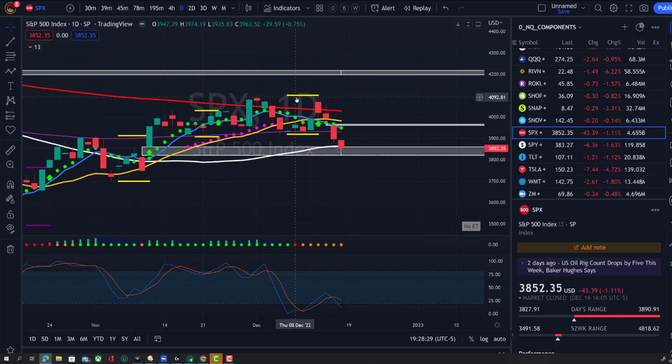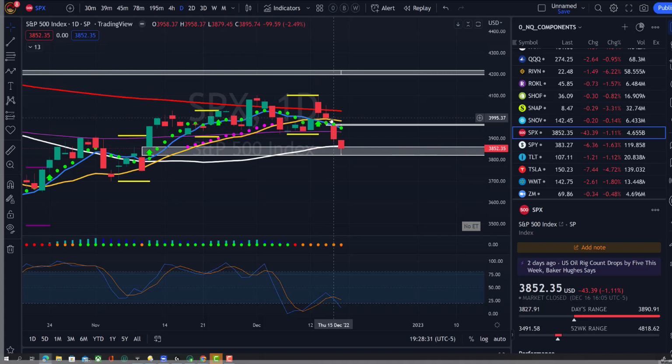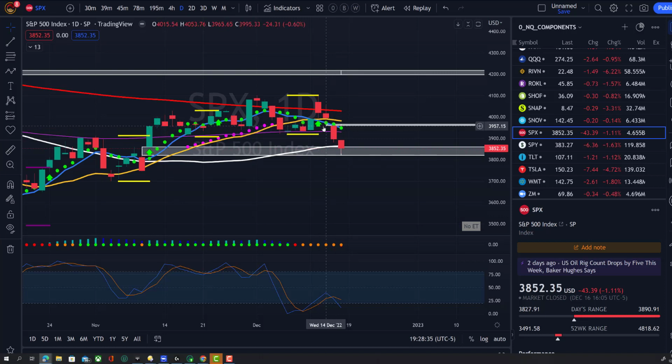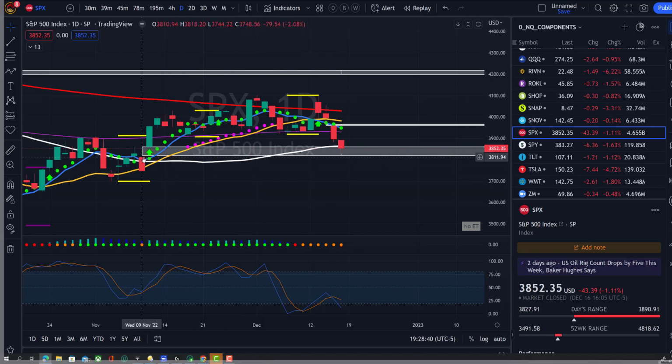So the path of least resistance from JPOW, and also the comments made from that announcement, has created a shift, and that shift is producing momentum that is likely to fill this SPX gap at 3,821.